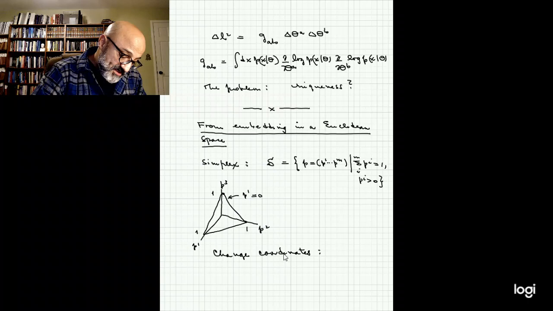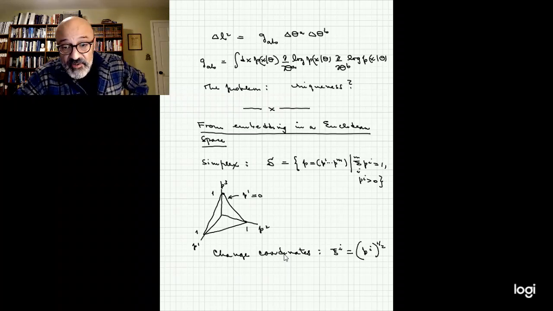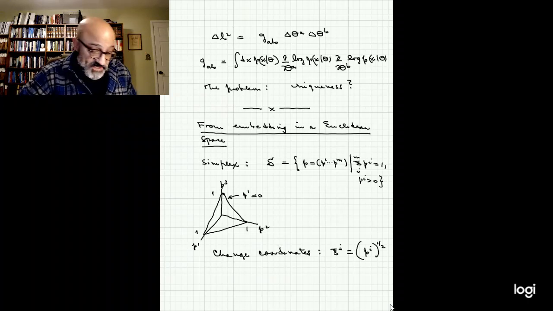And instead of the coordinates P, I'm going to use the coordinates ξi, which are equal to the square root of pi, the square root coordinates.